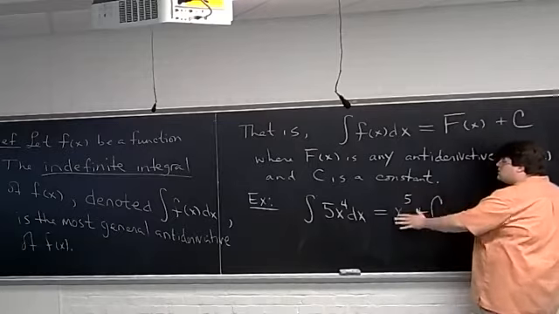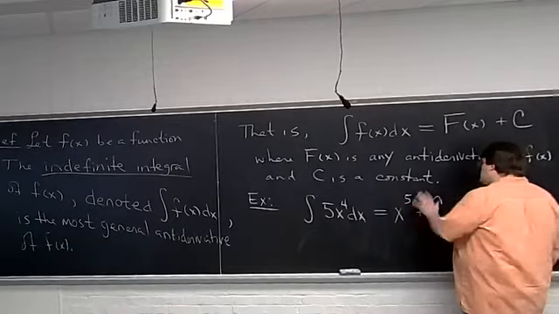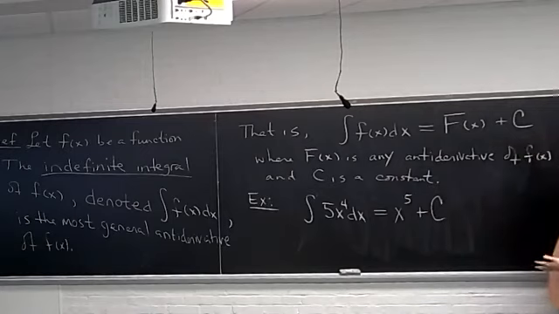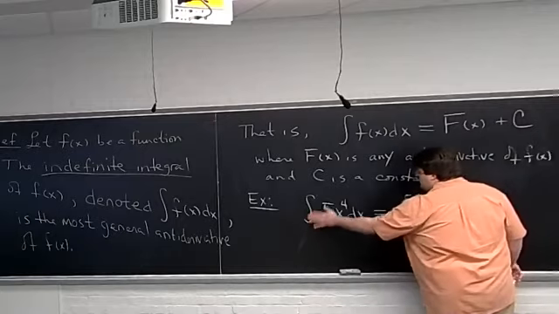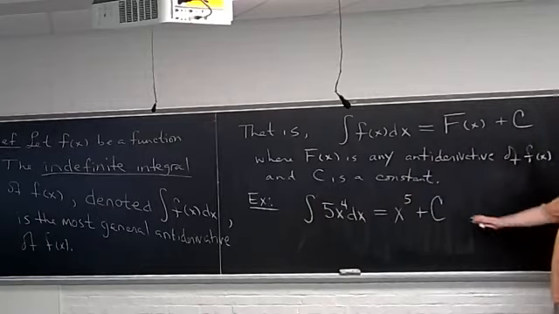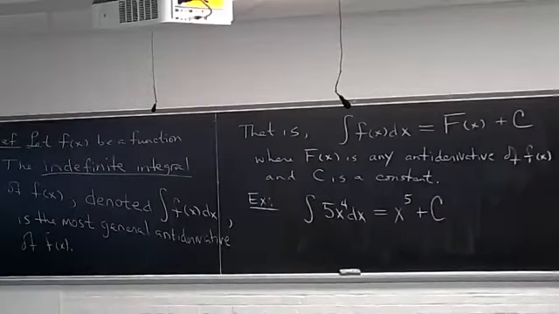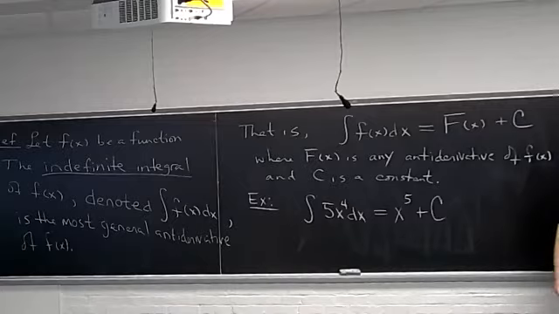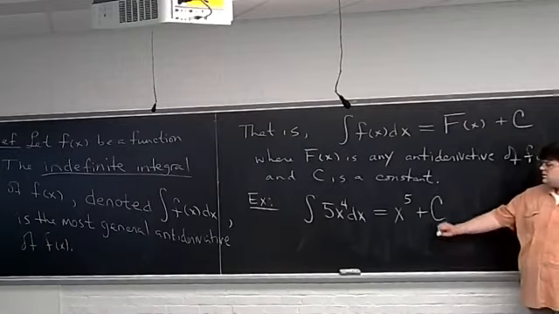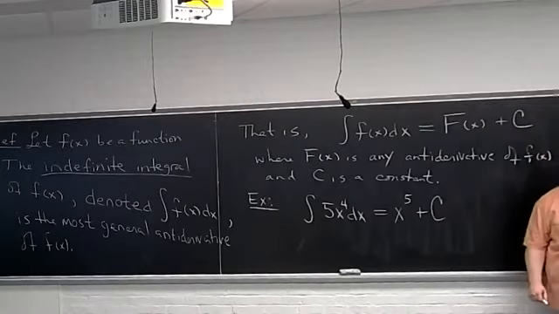We found one using our antiderivative rules, and we made it all of the antiderivatives by adding a constant. So if you have an indefinite integral, you need all antiderivatives, meaning you need to add the constant C. Because the indefinite integral, by definition, gives all antiderivatives, gives a family of antiderivatives. Any questions about this computation here?